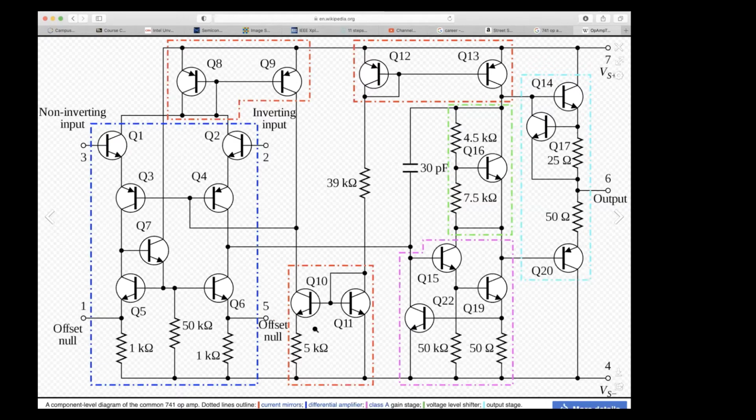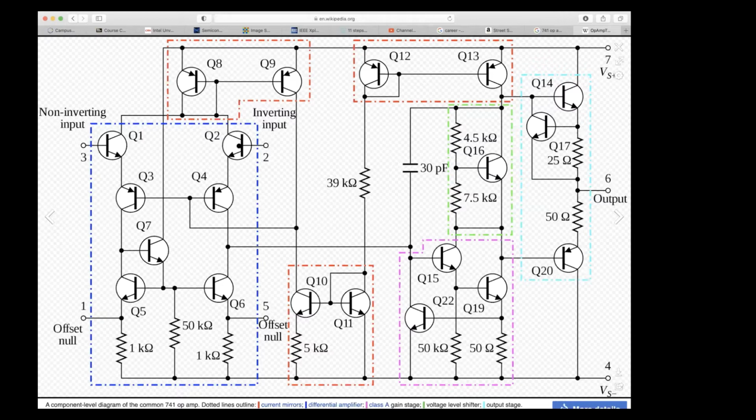What you do is, there's a bias here. This pair is getting a bias current going through, and that current gets replicated and put into this input stage, and here's another current mirror. So basically, start recognizing common topologies. Op amps, for example, usually have differential inputs, so you see this input differential pair.